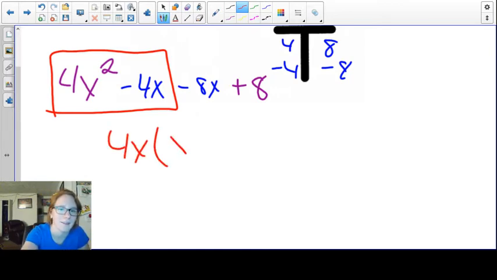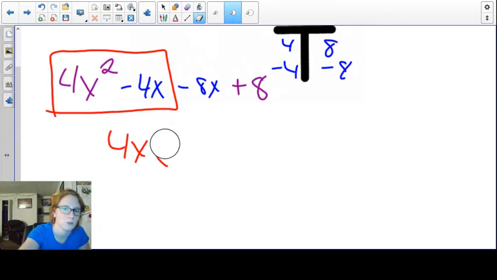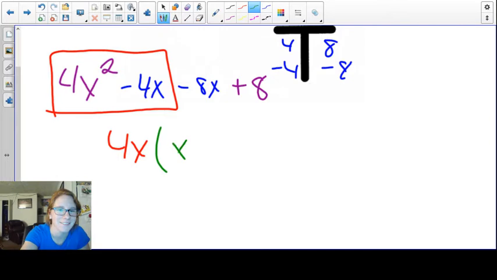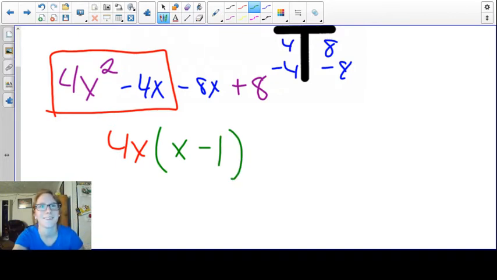What's left is x. Switch colors. Sorry. What's left is x plus minus. Oh, I cannot do multiplication today. x minus 1, because negative 4x divided by 4x is just negative 1. So then I get x minus 1 again.